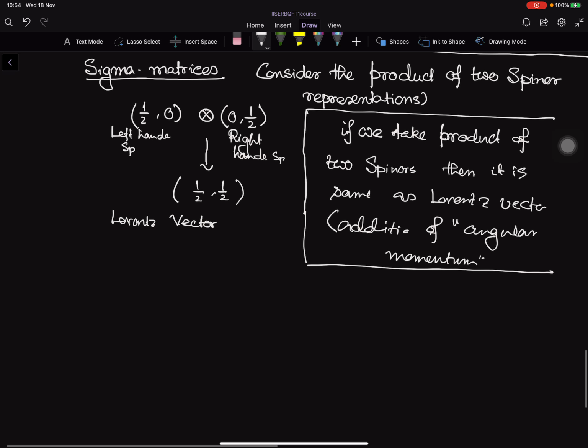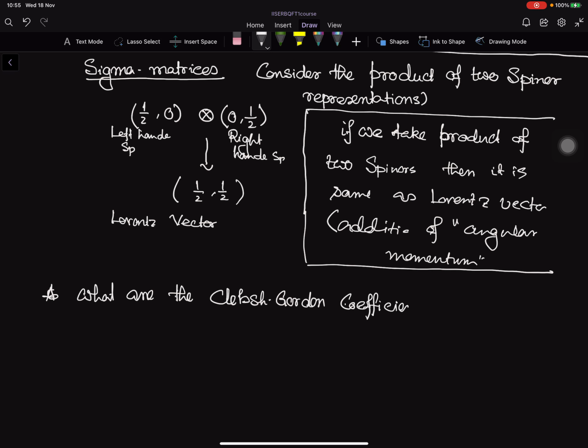Okay. Now the question is, if it's addition of angular momentum, we have to say what the Clebsch-Gordan coefficients are, right? And these Clebsch-Gordan coefficients are called sigma matrices.